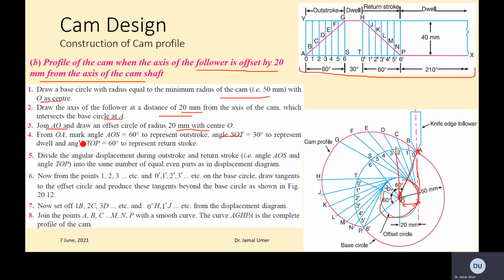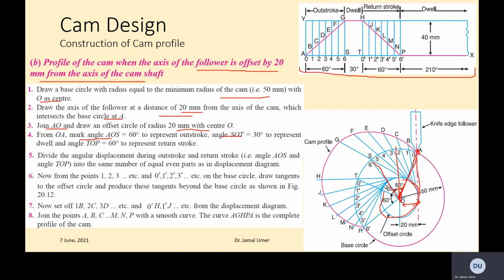From OA, mark angle AOS 60 degree. So now this reference line which I was telling you, you mark 60 degree, and then you are on this B part basically, right? And then the same way you draw 30 degree.